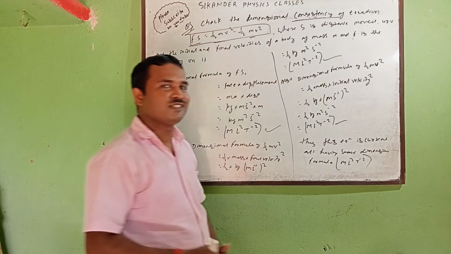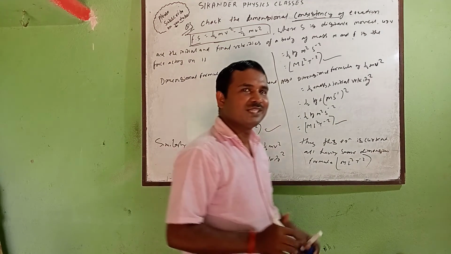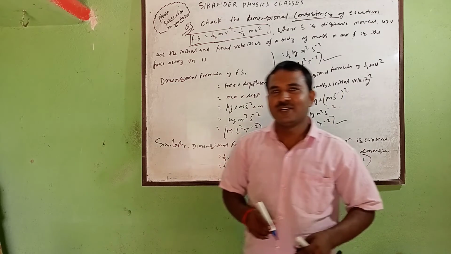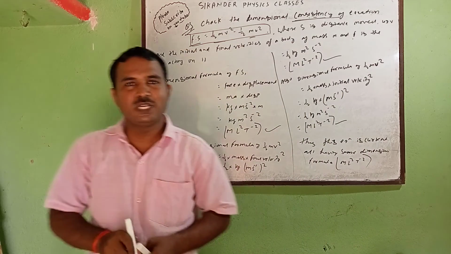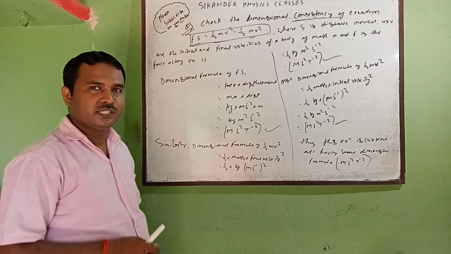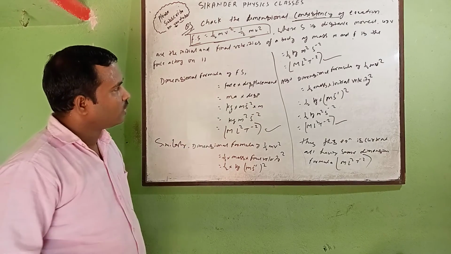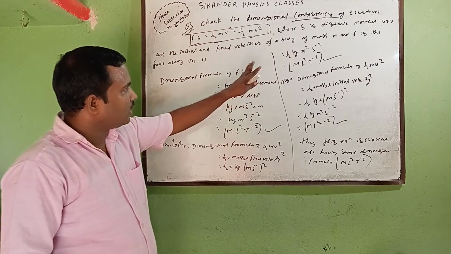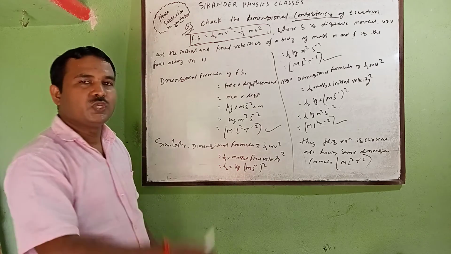So is this equation correct or not? Yes, this equation is correct, because all terms have the same dimensional formula. Such types of questions you can solve. For the next questions, according to this method, you can solve other questions.